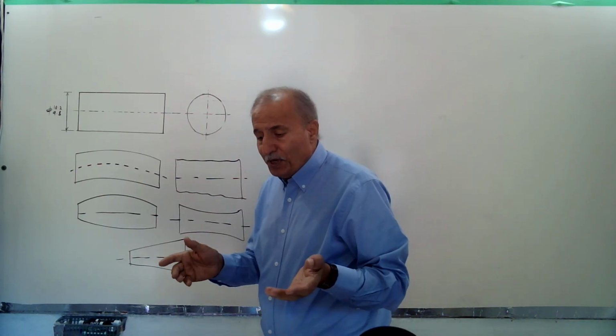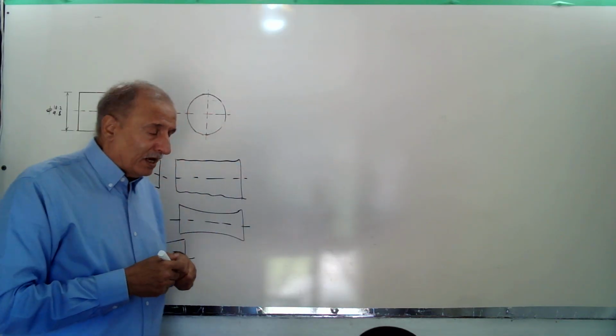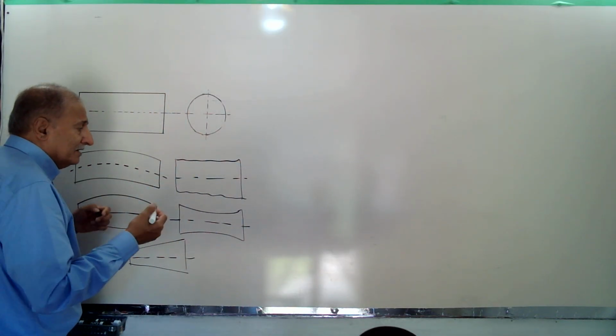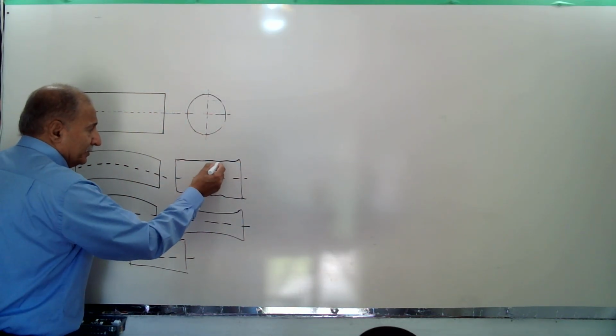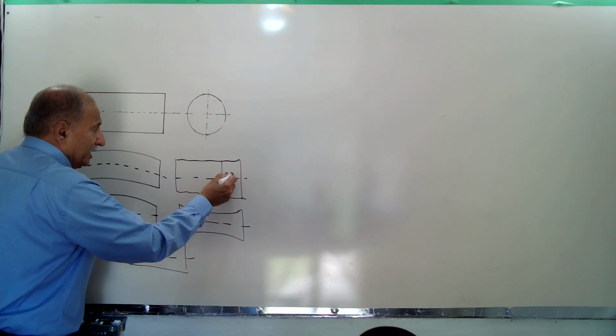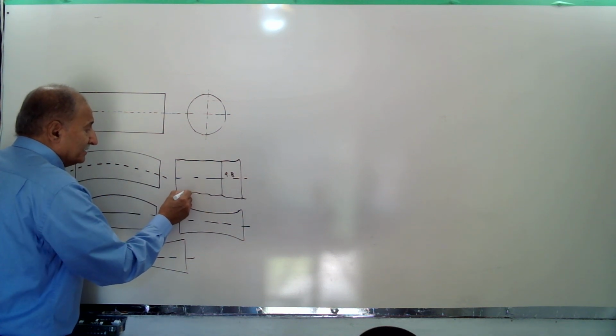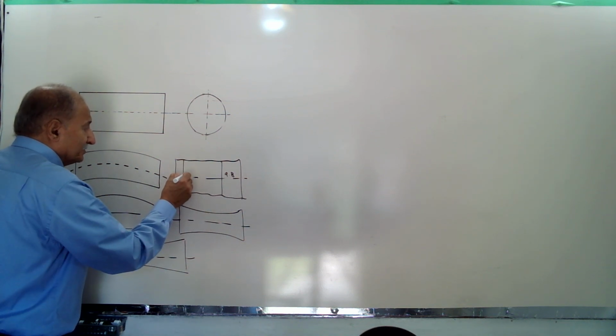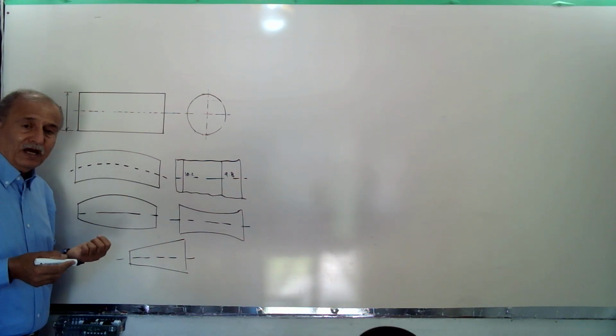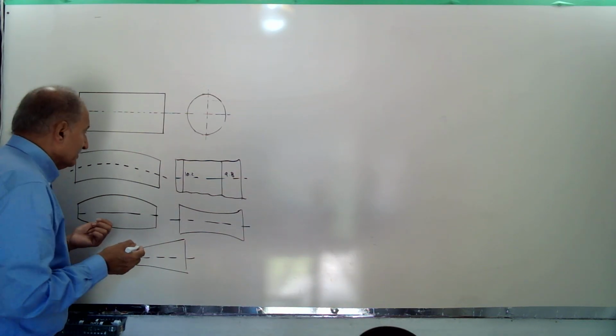The manufacturer says, I measured all of them and all have the right diameter. For example, this minimum was 9.8 and this maximum here was 10.2. What's wrong with that? Nothing.